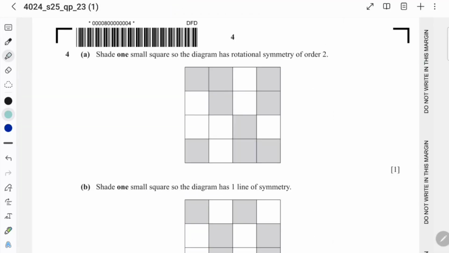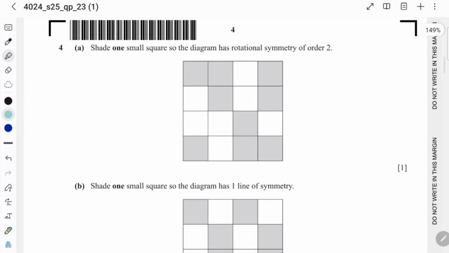In question number 4, shade one small square so the diagram has rotational symmetry of order 2. It means that if we rotate 360 degrees, it will map to its original position only 2 times.